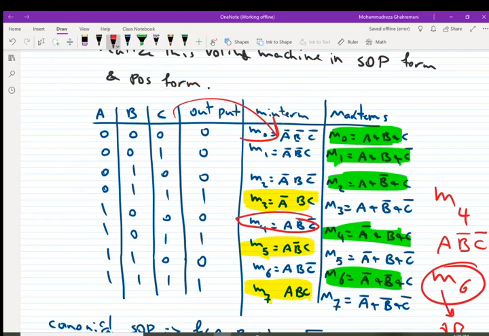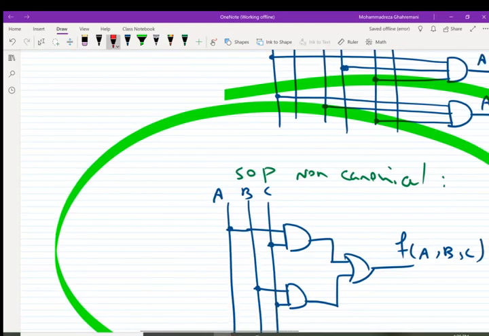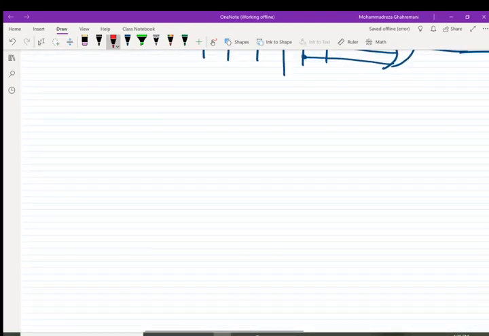Okay, so minterm code and maxterm code. So let's start discussing minterm code and maxterm code. First, we will talk about minterm code.